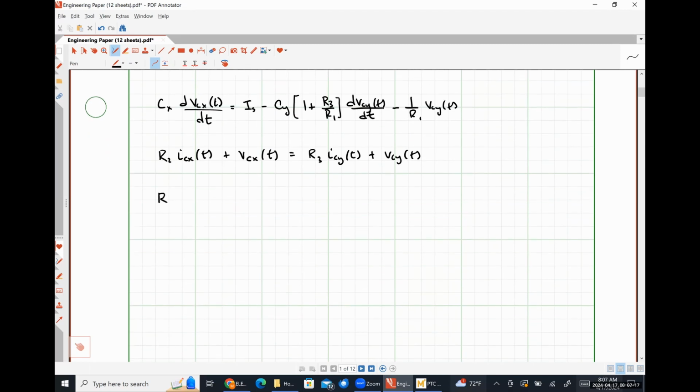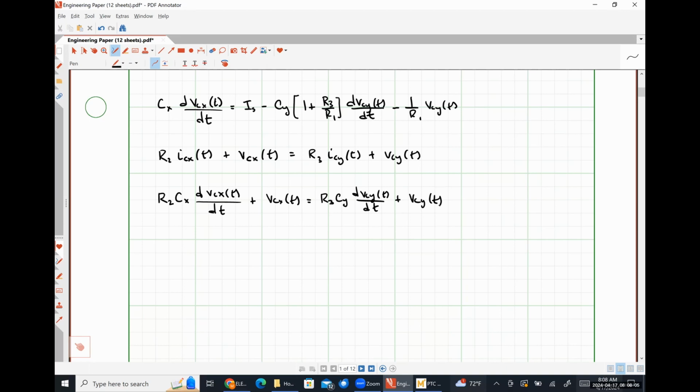And now I can substitute in for ICX and ICY. So this is going to look like R2 times CX dVCX with respect to time plus VCX is equal to R3 CY dVCY with respect to time plus VCY.